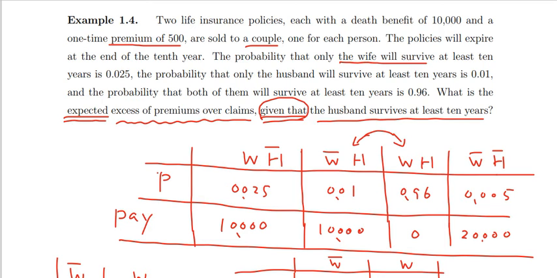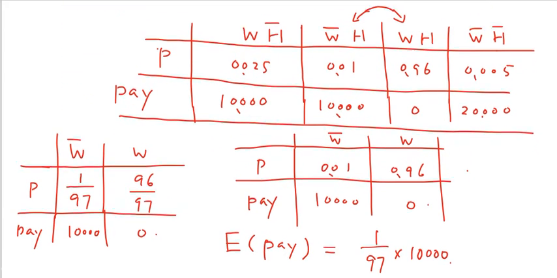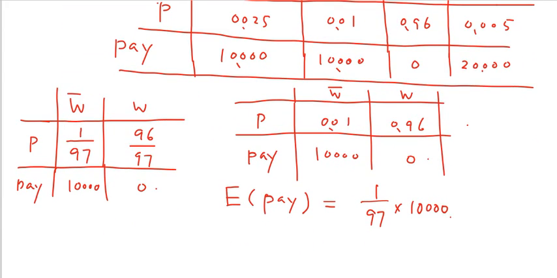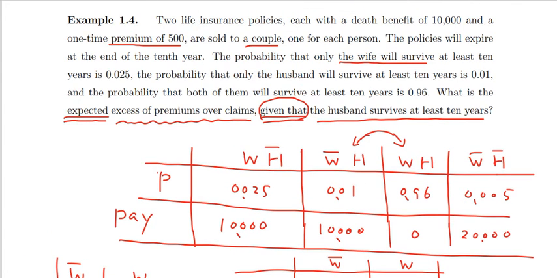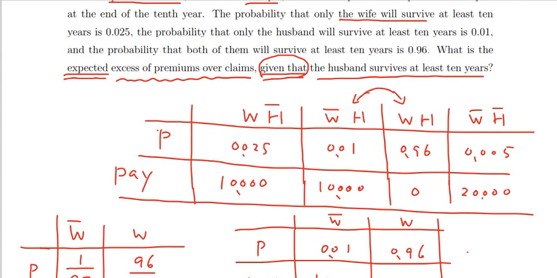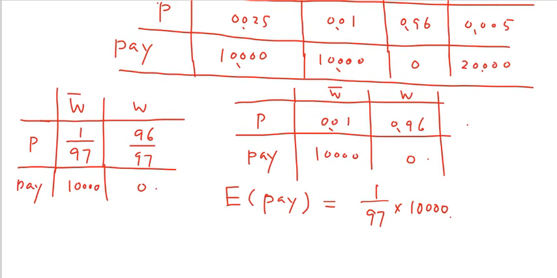So this is the claim. The premium is 500. So we just check, 500 minus this. So this answer is this, right?